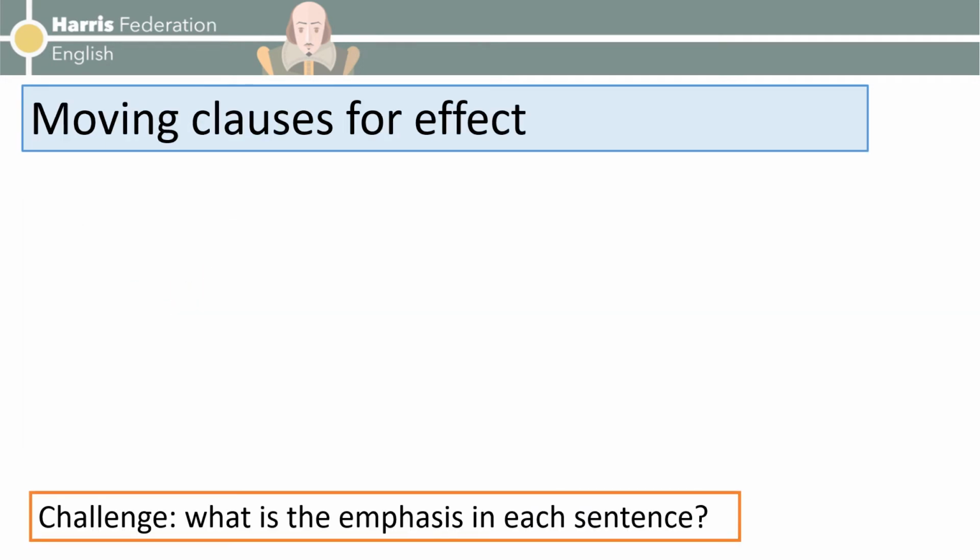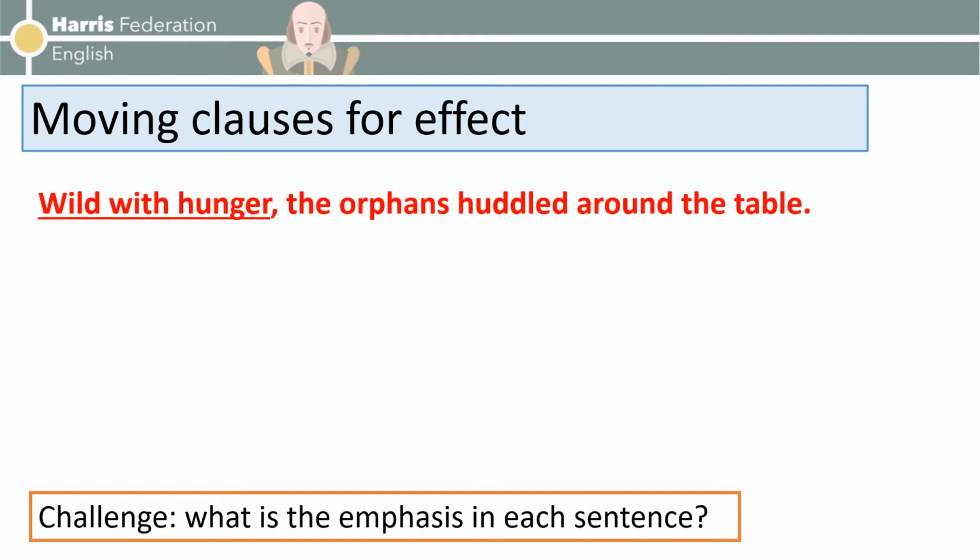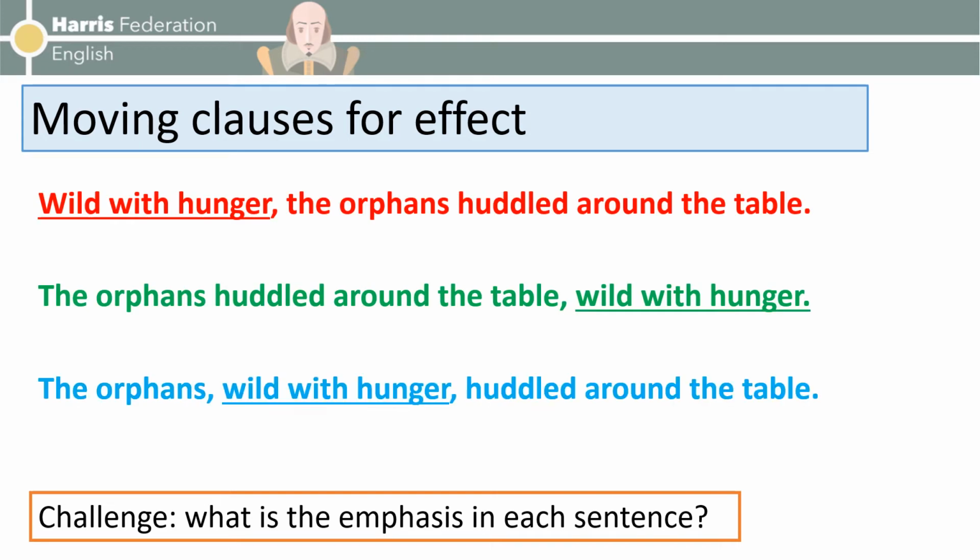Something quite sophisticated that you can do is move your clauses for effect. Here are some examples. Wild with hunger, the orphans huddled around the table. Wild with hunger is the subordinate clause, and in the red sentence it is at the beginning. The green sentence: the orphans huddled around the table, wild with hunger.